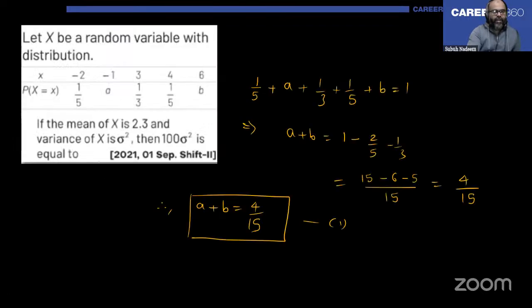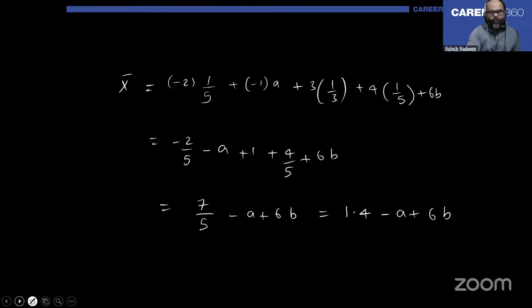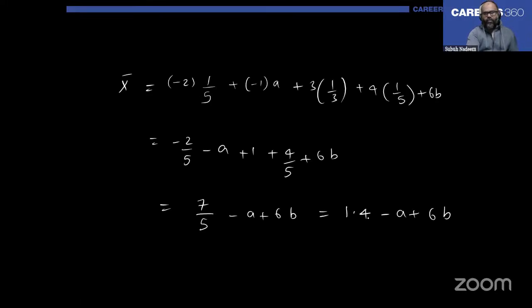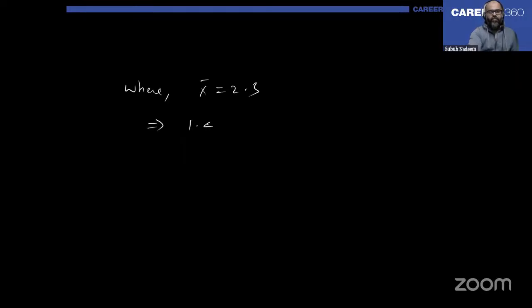Now it is given that the mean of x is 2.3. So what does it mean? It means that 1.4 minus a plus 6b is equal to 2.3.